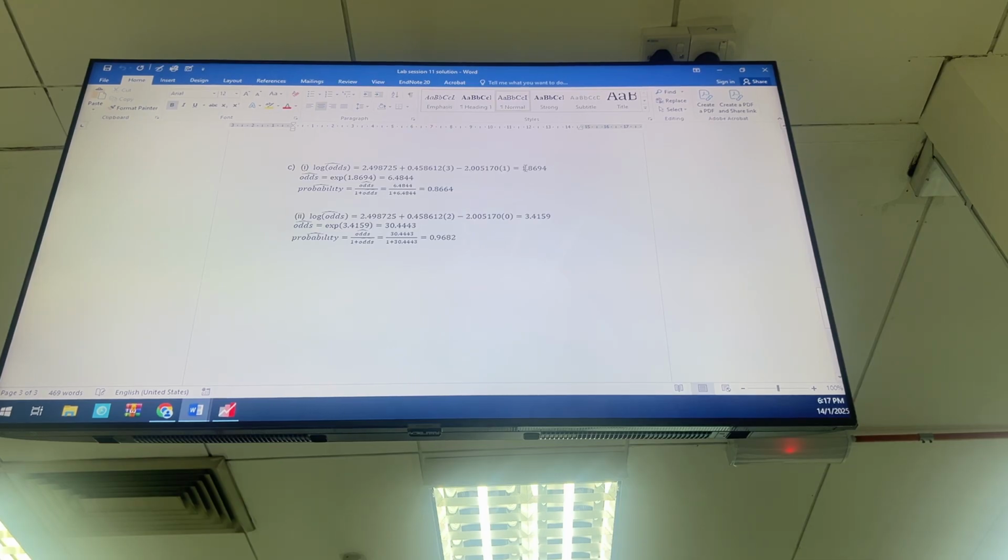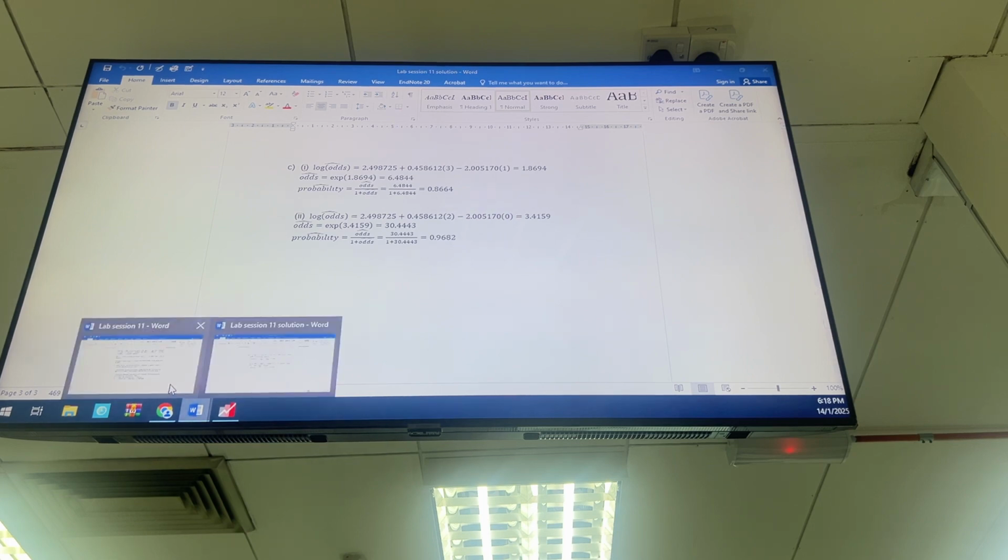You calculate, then take the exponent of the value to get the odds ratio, and use the formula to get the probability. So for that male worker at income level 3, the probability of getting treatment when sick is about 87%.